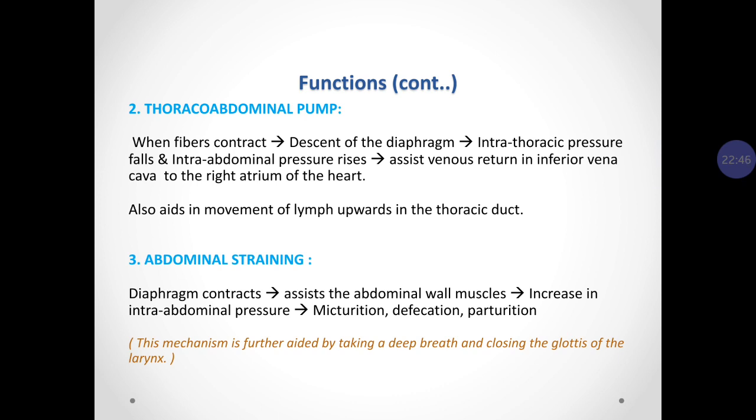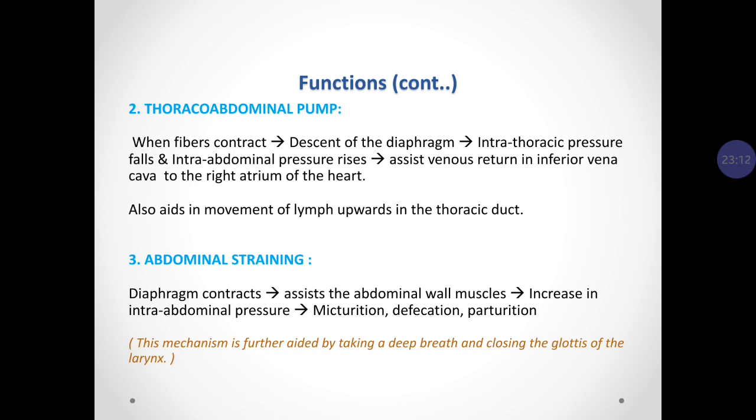The next important function of the diaphragm is its role as a thoraco-abdominal pump. How does that occur? When the fibers of the diaphragm contract, that leads to the descent of the domes of the diaphragm, which means that the domes of the diaphragm will move down. When they go down, the intrathoracic pressure falls and the intra-abdominal pressure rises.